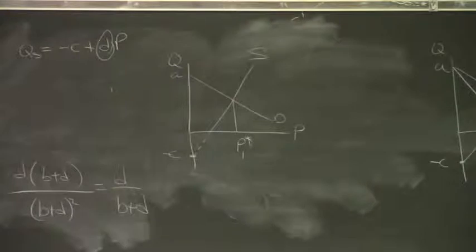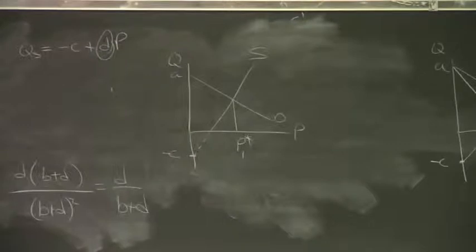Now what happens, Hal? And how does it shift? Yes, the intercept changes, and is the intercept getting bigger or smaller? Well, okay. Let's assume you're right, either one. So let's pick one.